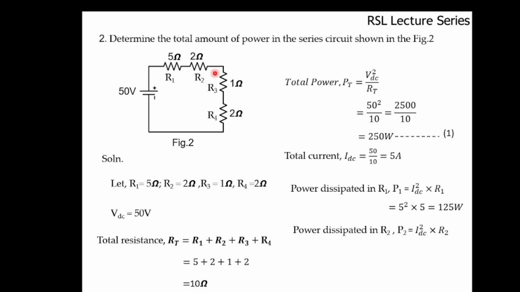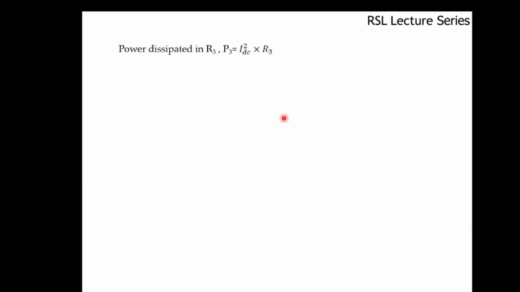In a series circuit, current remains the same, IDC. So this is 5 square into 2, that is 50 watts. Next, the power dissipated in R3, P3, is IDC square into R3. IDC is 5 and R3 is 1, so 5 square into 1 is equal to 25 watts. Similarly, the power dissipated in R4, P4, is IDC square into R4, 5 square into 2, 50 watts.